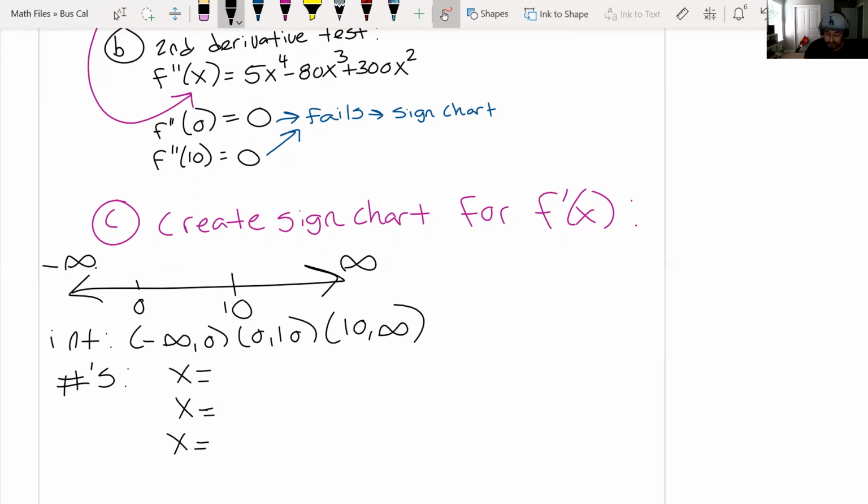From -infinity to 0, -1. From 0 to 10, 1. From 10 to infinity, 11. And we are plugging these into the first derivative.